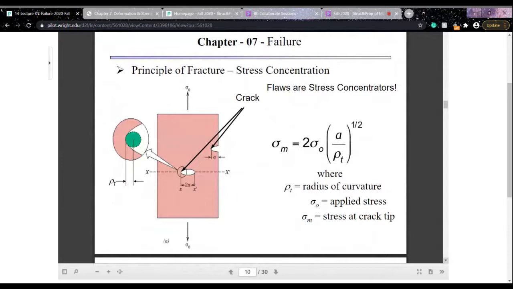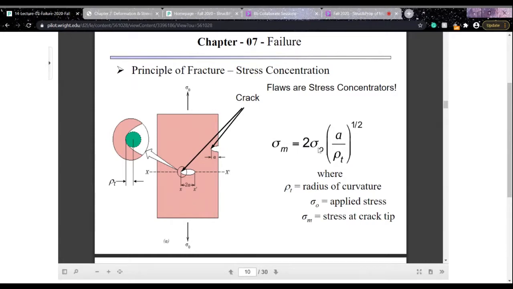And then to calculate the stress at the crack tip, suppose we take a material and it has an internal crack. So this internal crack has a length of 2a. And if we had a surface crack, consider this length as a. So the stress at the crack tip can be written as 2 times sigma naught times (a over rho) to the power half.